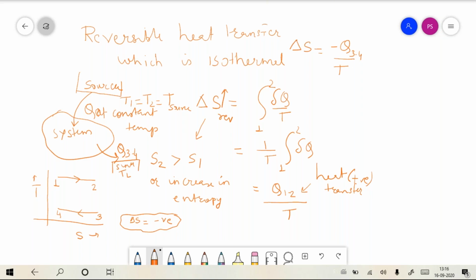The change in entropy during that process would be negative, right? So this you have to be very clear.